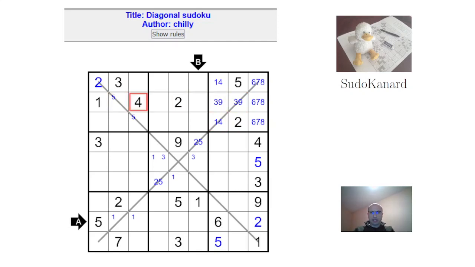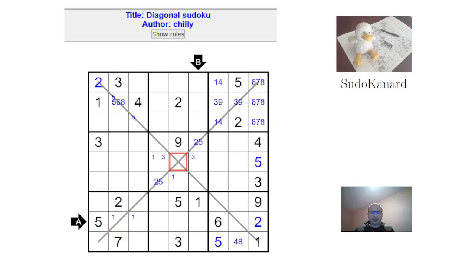This row still needs 6, 7, 8, and 5. This is not 7, so let's say 5, 6, and 8. That's not very interesting. Here only 4 candidates, 3, 7, 4, 8, so this is 4 or 8. 7 is not here.